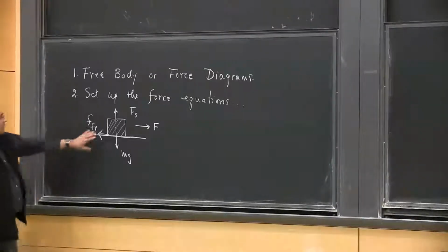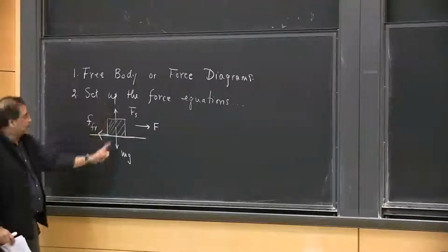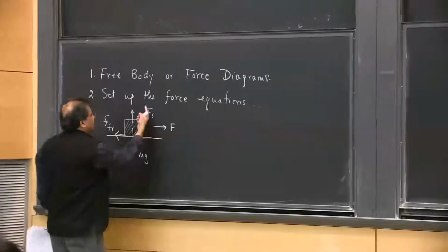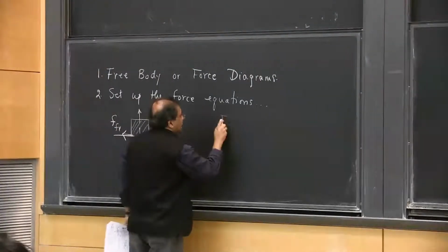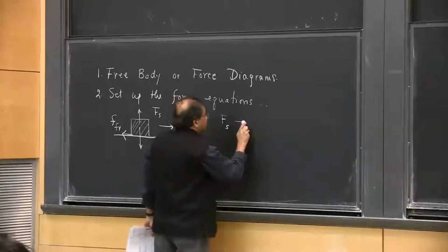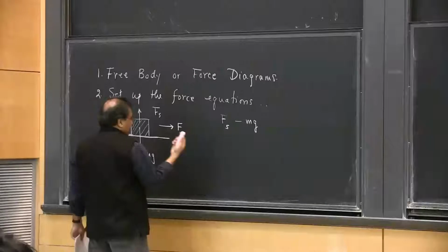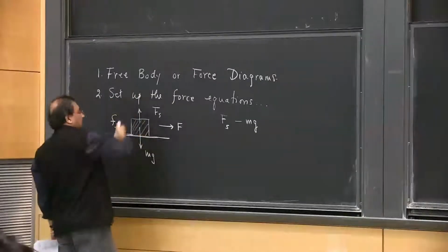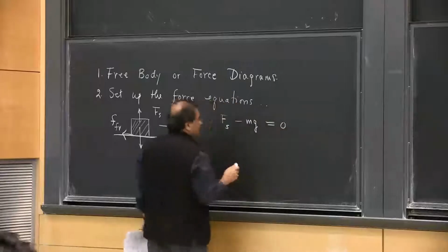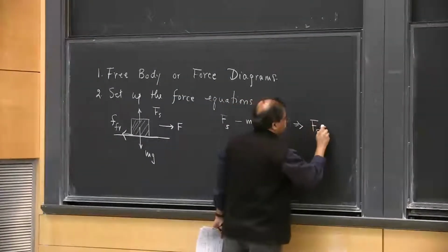So several things can happen. First of all, because this thing is stable as far as the vertical axis is concerned, we would certainly be able to write, if we take this to be the positive direction, Fs, which is the positive quantity here, minus mg. And since the net force along the vertical direction is 0, because this is not accelerating upward or downward, we should be able to write this as 0. In other words, we know that Fs is equal to mg.